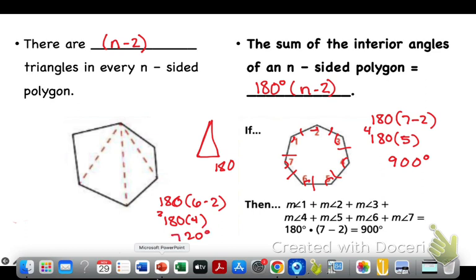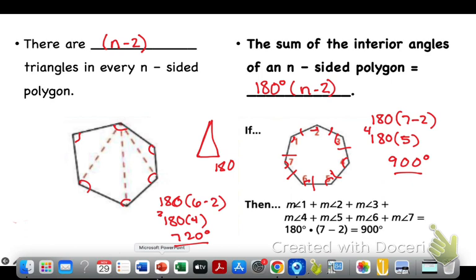So every hexagon has a total of what for all the angles? 720. Every heptagon has what? 900. Every time you go up, you're going to go up by how much? 180, because that's how many degrees are in one triangle.